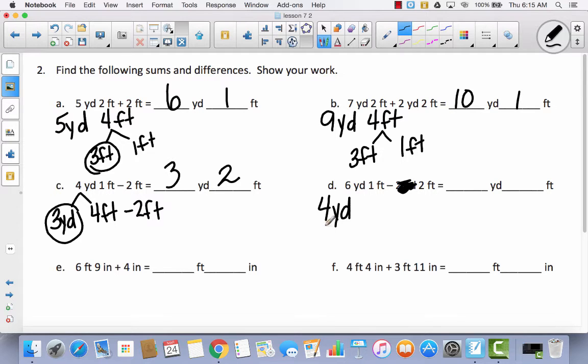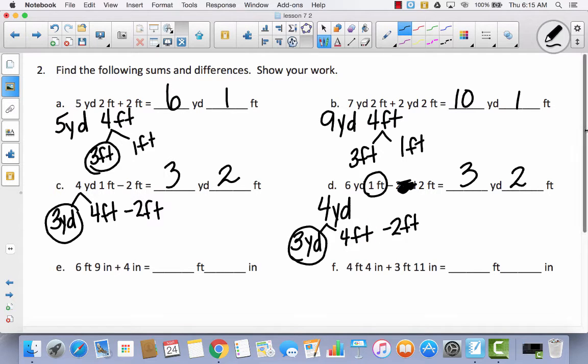I'm going to decompose that into 3 yards. The other yard, I'm going to change into 3 feet and add to this foot. So that gives me 4 feet. Now I can subtract 2 feet. So nothing happens to these 3 yards, so I'm going to put that here. And now 4 feet minus 2 feet is equal to 2 feet.